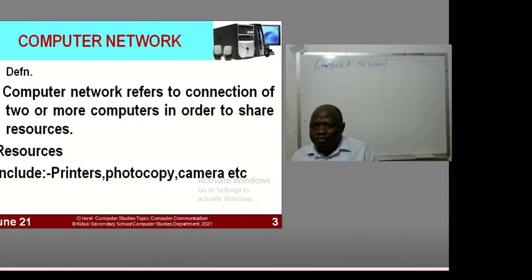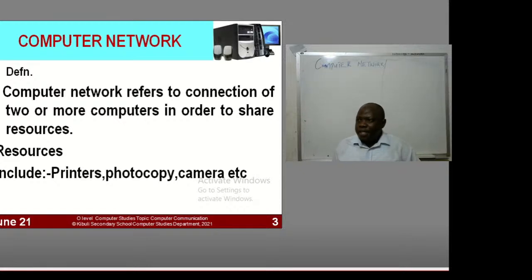It can be a printer, it can be a photocopier, it can be a camera. You have seen that today most of the products we have are smart products. For example, many of your parents have bought big flat screens, and those flat screens are smart screens. Now, as you have them in your houses, you try to connect from one device to another.